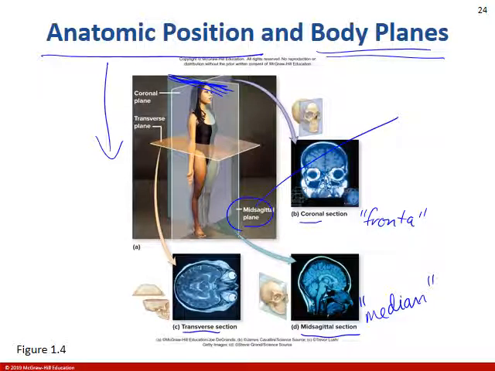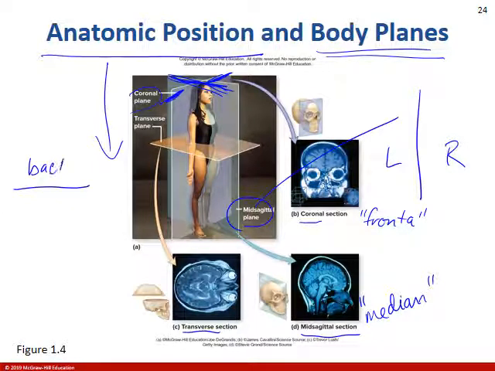The mid-sagittal plane creates a left side and a right side. So you're splitting this way. Coronal plane is cutting through the crown. So this is coronal plane. So if you cut coronal plane, you're going to have a back side and a front side.